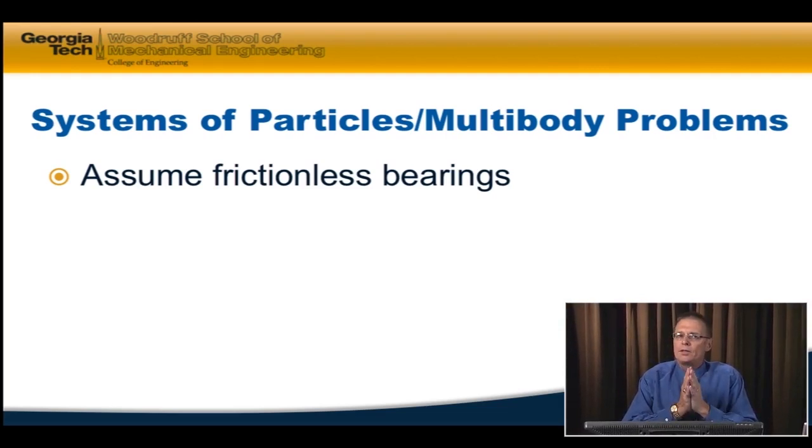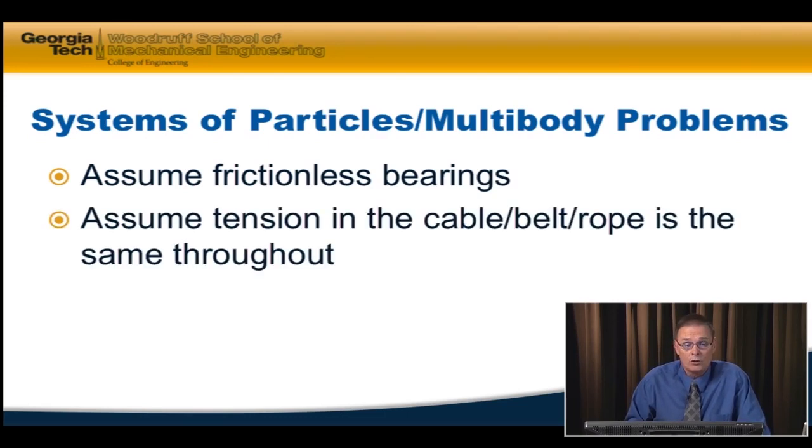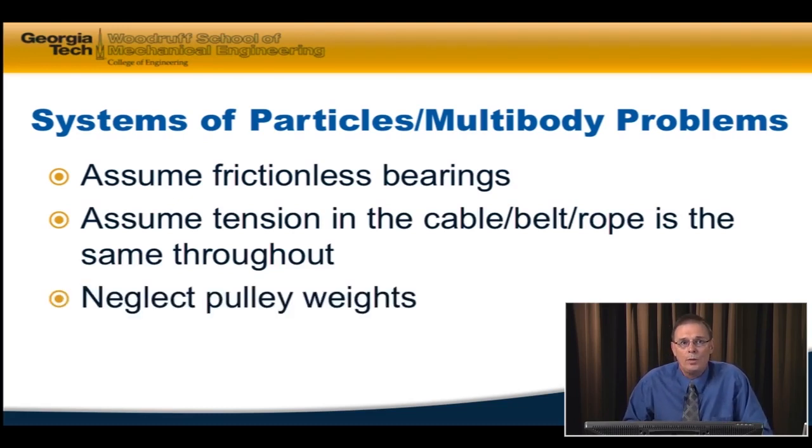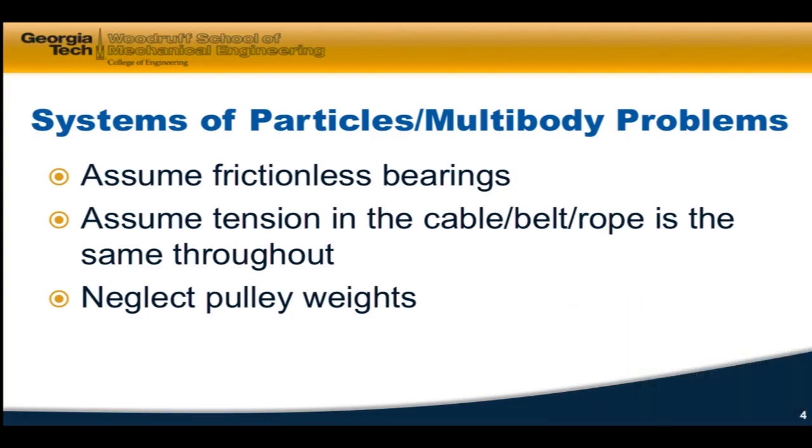If we find that these assumptions are not good and we need more accurate answers, we may need to go back and include some of these forces and things that we're neglecting. So one of them is that we assume that there are frictionless bearings in these problems. We assume that there's a constant tension throughout the cable or the belt or the rope, and we neglect the pulley weights.